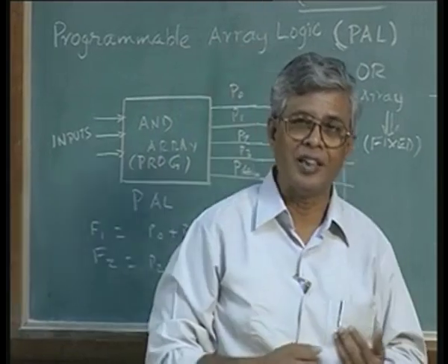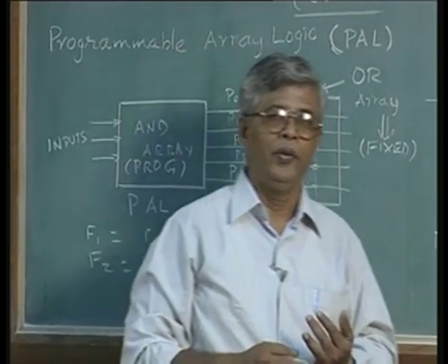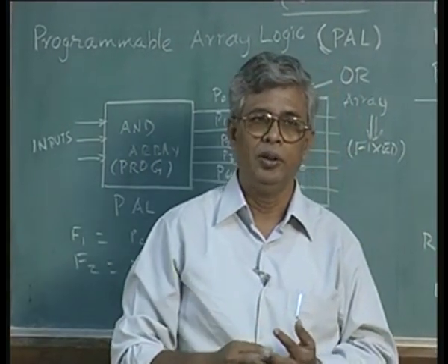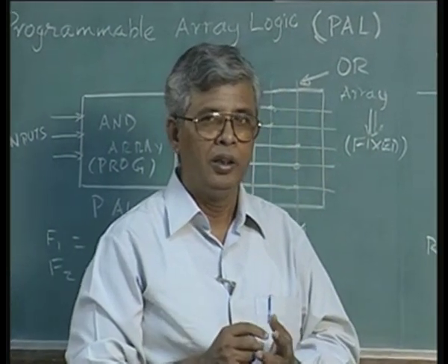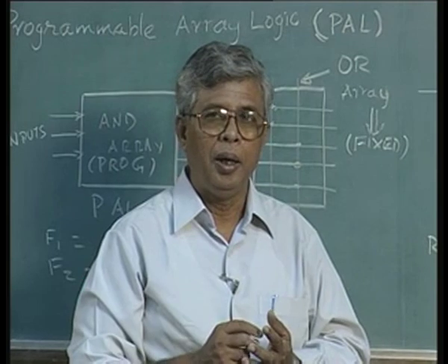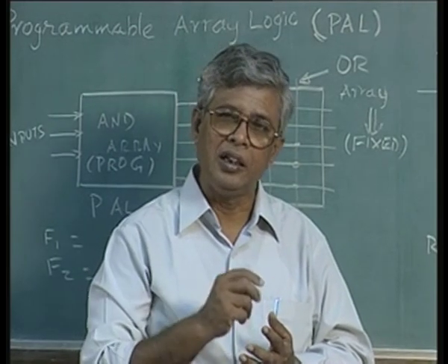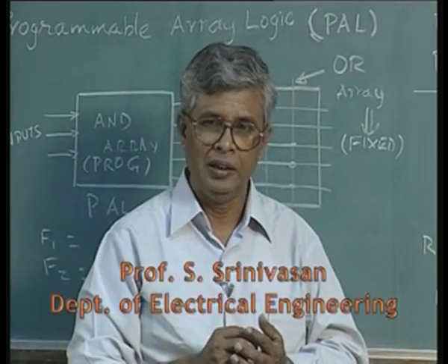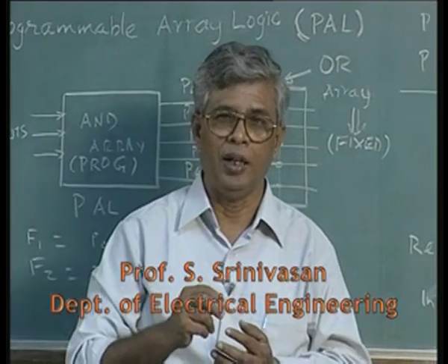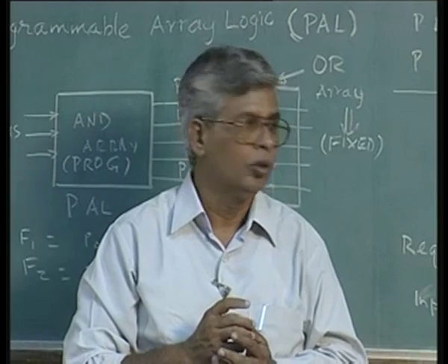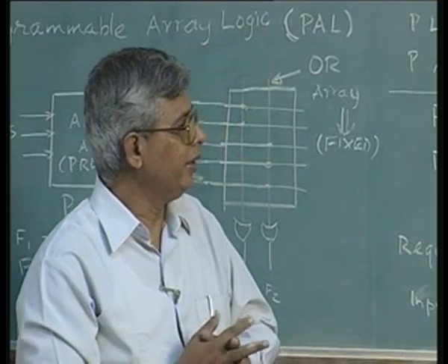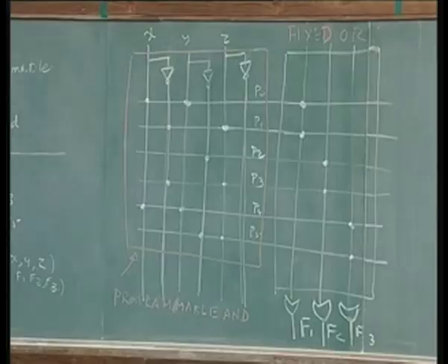So that way there is a cost saving also. Cost indirectly means silicon. So there is a real estate saving a little bit, but the flexibility is removed to a certain extent, but programming is very easy now, both manually as well as automatically. These are the reasons why the programmable array logic approach has become very popular and has become almost an industry standard.